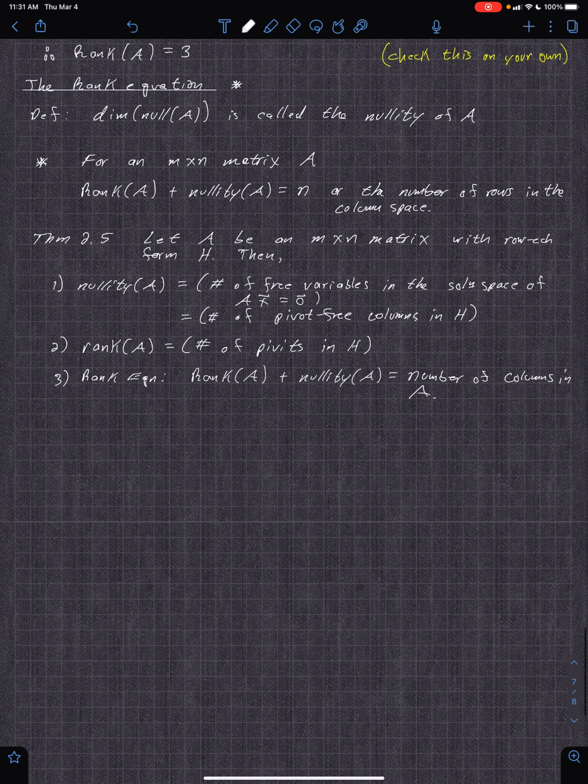The number of columns in H will not change. You could get things to zero out, but it's not going to change the number of them.